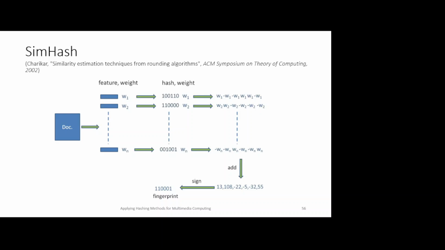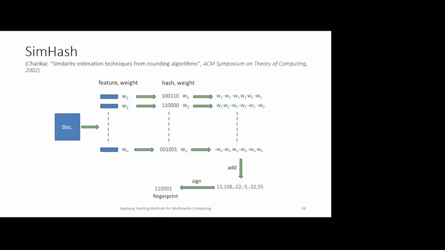Then we apply the sign function: if it's positive, we generate the bit 1. If the second component is positive, okay, we generate bit 1. But for the third, it's negative 22, so we generate bit 0. So with a similar idea, we use the sign function to generate what we call a fingerprint.